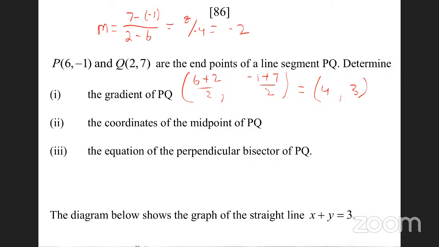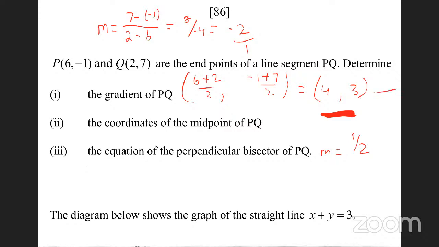Next, perpendicular bisector. It's passing through here, but the gradient is what? What's the negative reciprocal of minus 2 over 1? Very good. We found the gradient. Which point are we using, 6, 1 or 2, 7 or 4, 3? 4, 3.